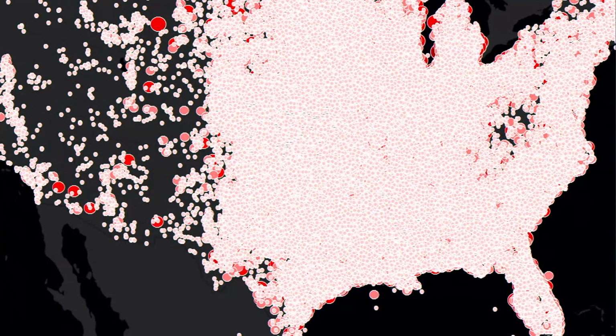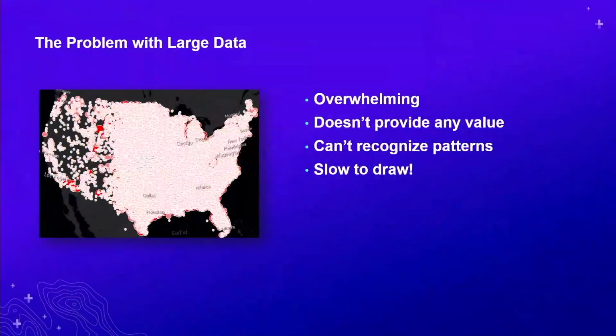Adding the spatial component actually makes it even worse. If I were a cartographer, I could have made this map look better, but it would still not give you any meaningful information. And as you know, a map is all about telling a story, and I don't seem to get any out of this one.